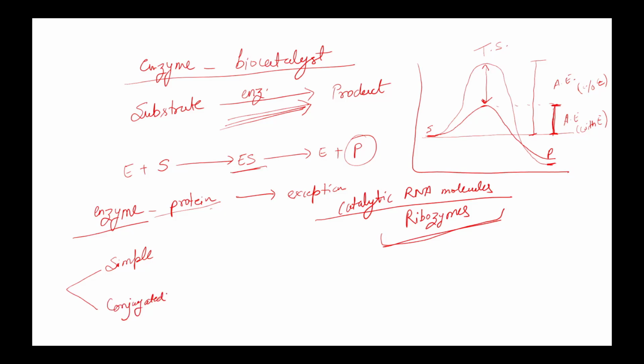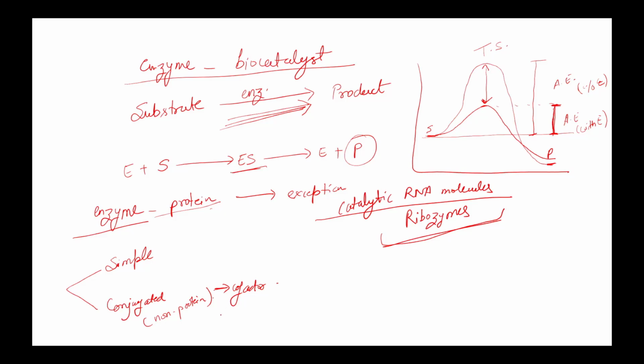In a conjugated enzyme, the enzyme is joined to a non-protein part as well, which is called a cofactor. Generally the conjugated enzyme is in active form only along with its cofactor.